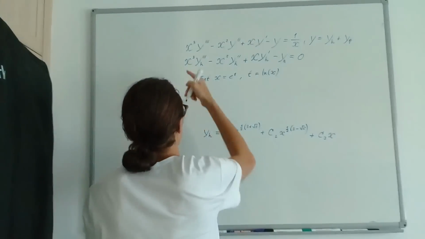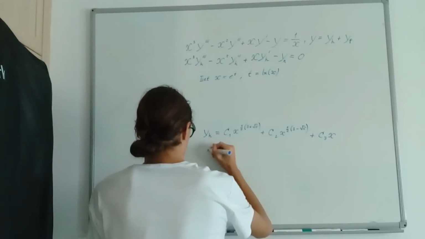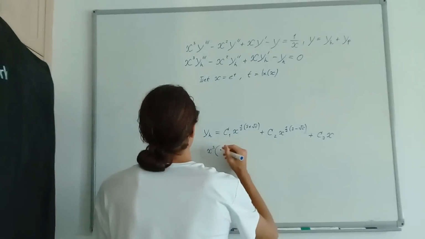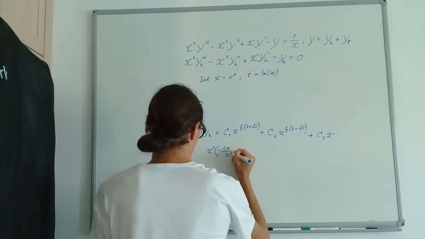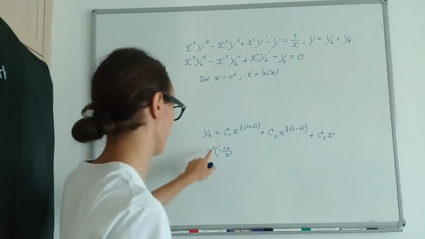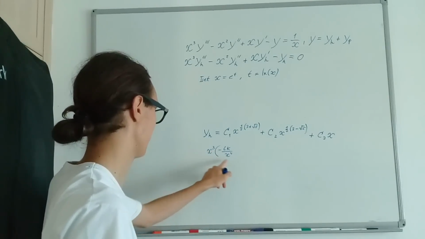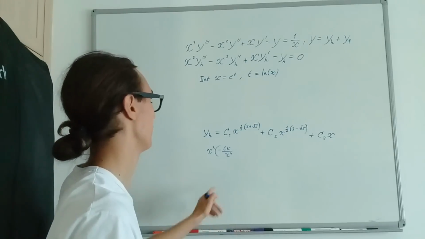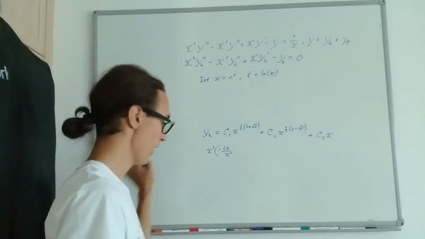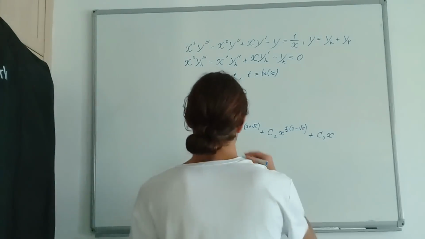So now substitution. So x cubed times minus 6k over x to the 4th. And if you notice, this term is always one power less than the power of this one down here. So it's always going to be in terms of 1 over x. So we're going to factor that out later. You'll see.